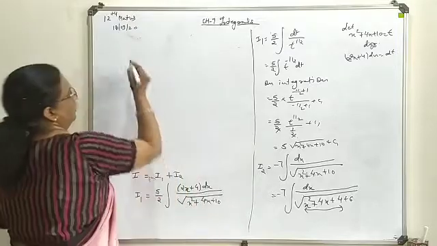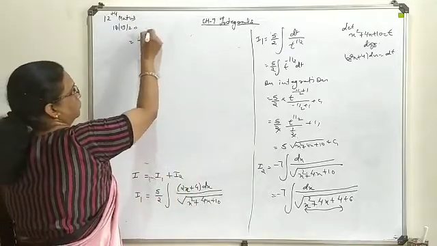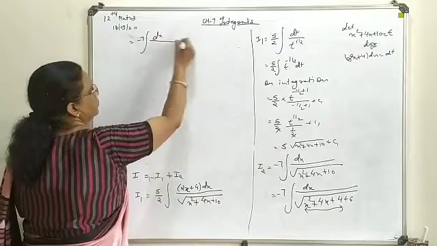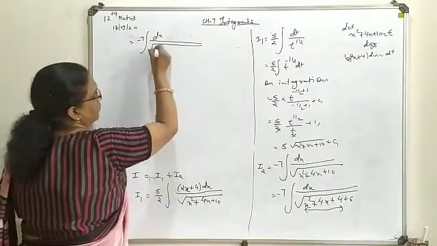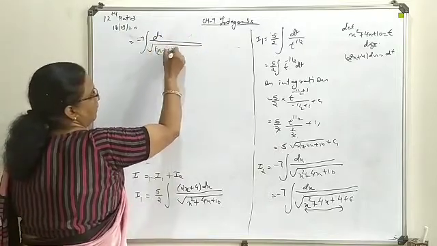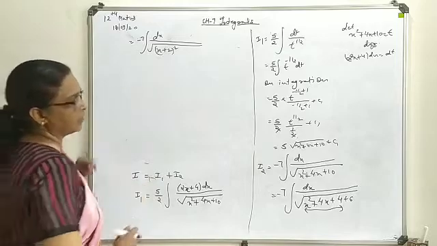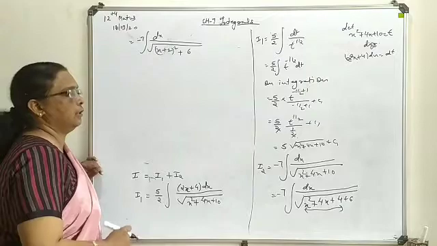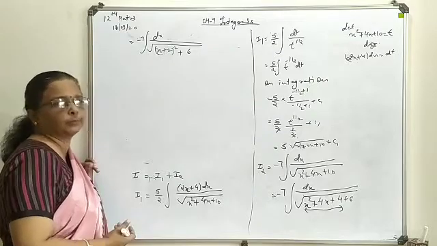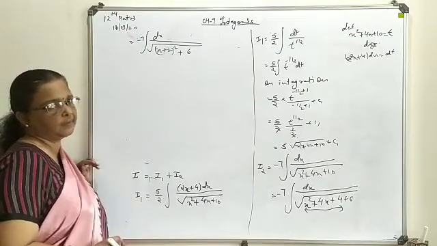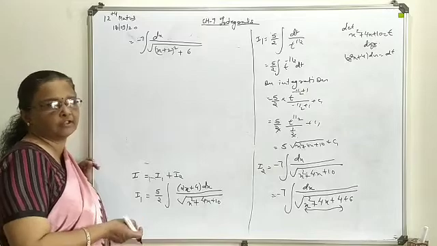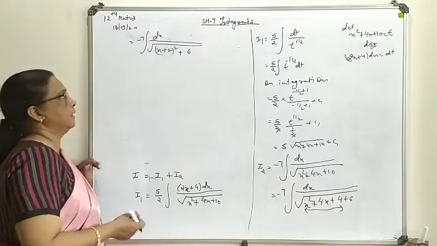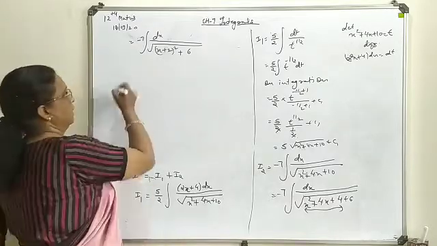So let it be converted in a perfect square form, and this 6 you will keep as such. So what you are getting is the formula form 1 upon under root x square plus a square. So direct integration is possible for this case. So now go for writing the direct integration.